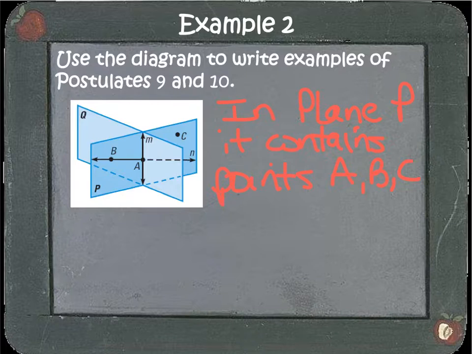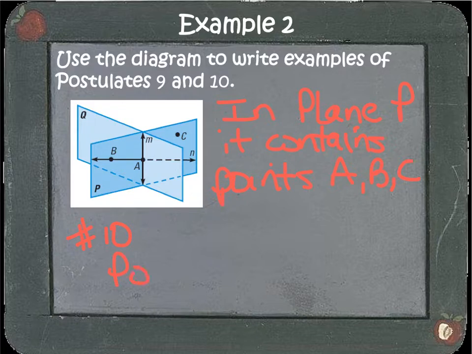Postulate number 10, let's go back and read that line. Right there. Can someone tell me two points that are on a line, that are in the plane? Isabella. B and A. Good.